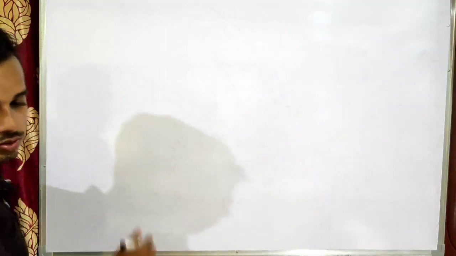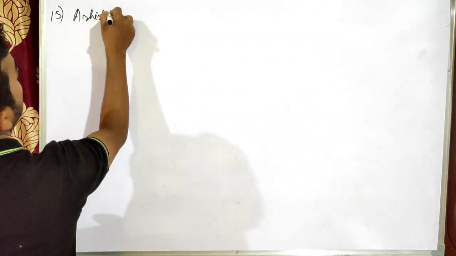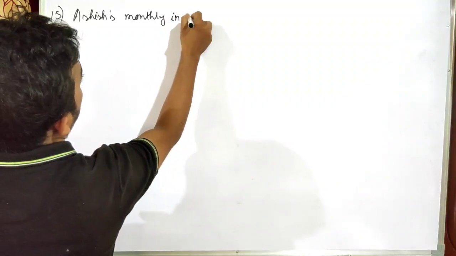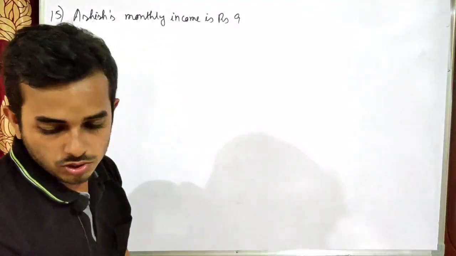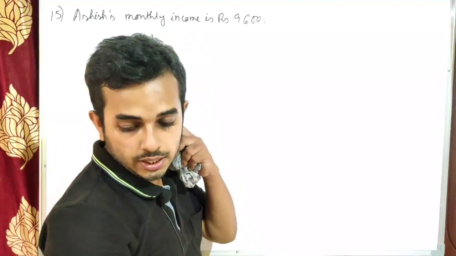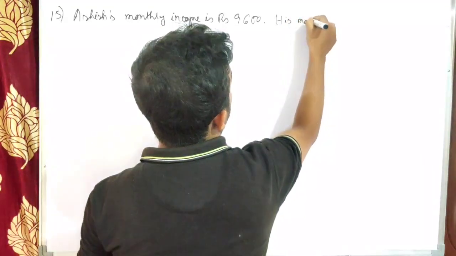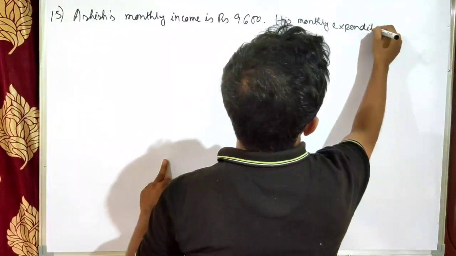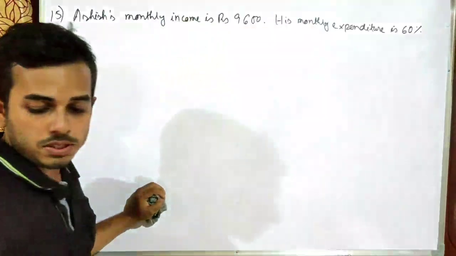Ashish's monthly income is rupees 9600, and his monthly expenditure is 60%.